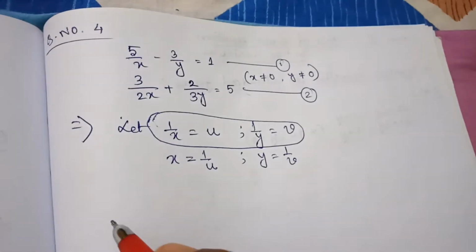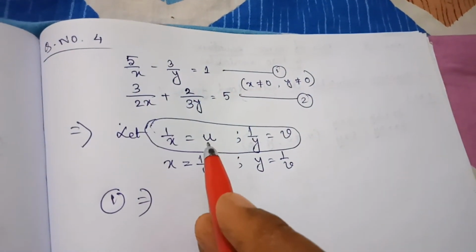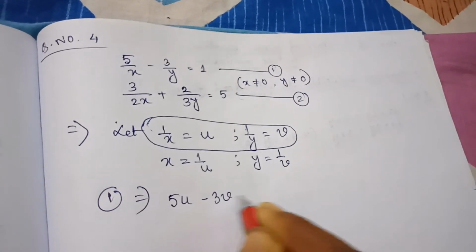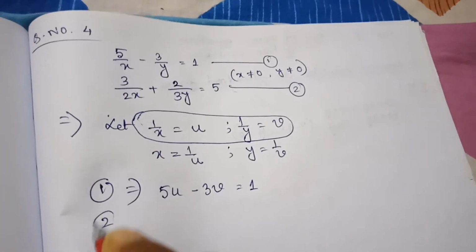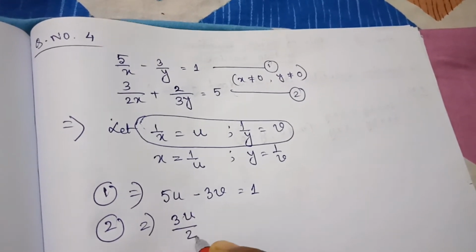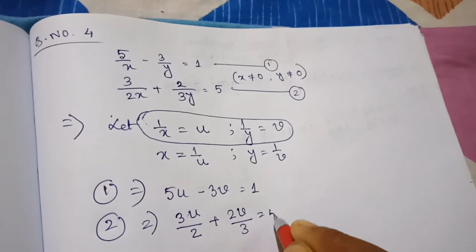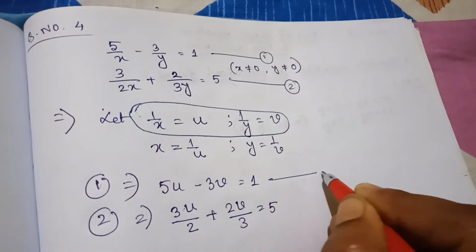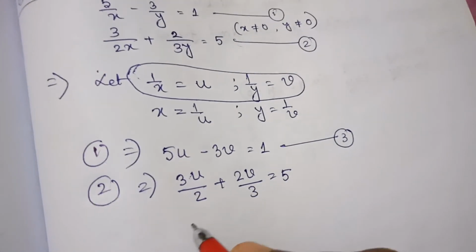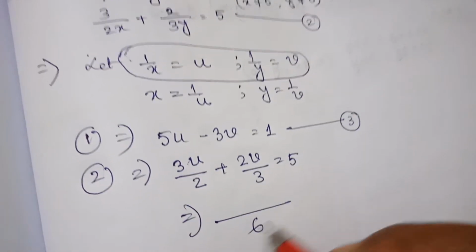Okay, so from number 1 what we are getting, if 1 by x equals to u, that means this is 5u, right? 5u minus 3v equals to 1. From number 2 we are getting 3u by 2 plus 2v by 3 equals to 5, and this one we are giving number as 3, but this one I am solving a little bit, just simplifying.